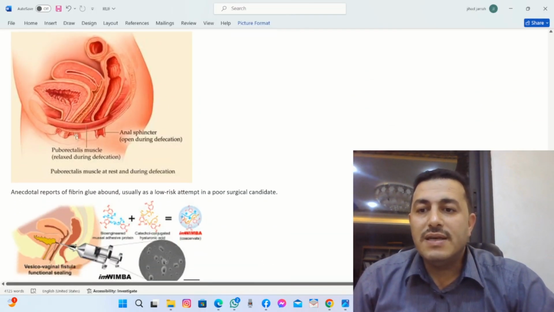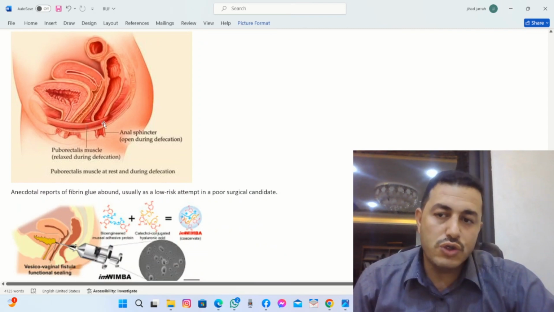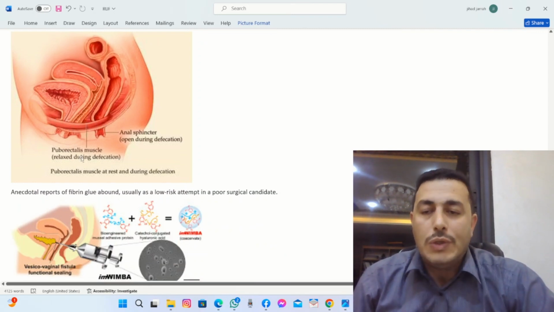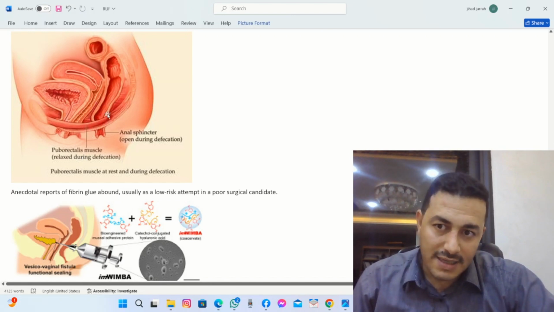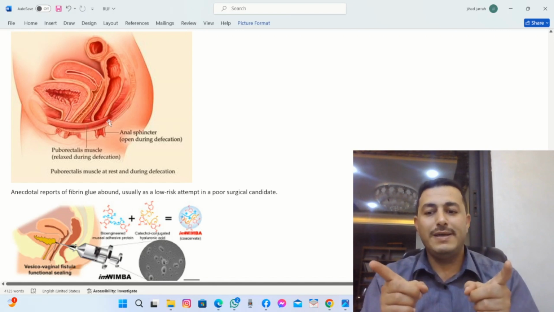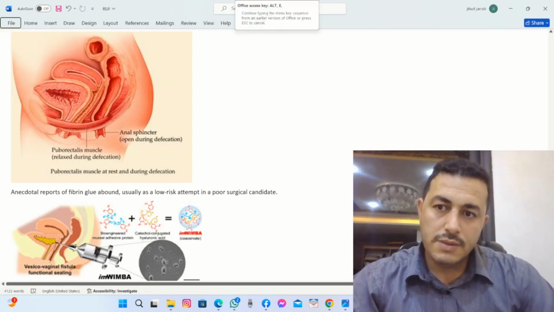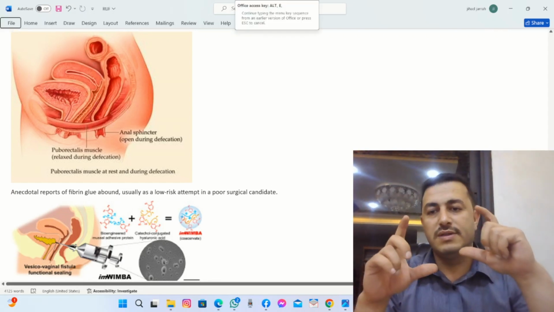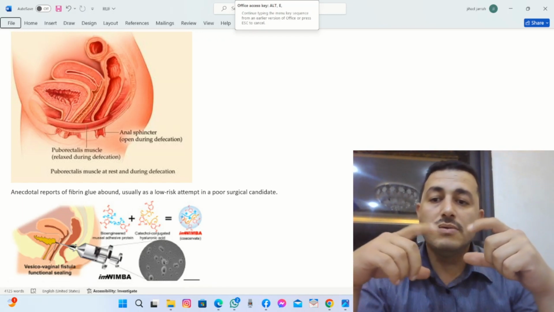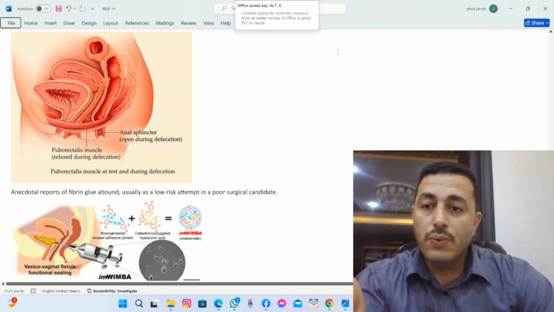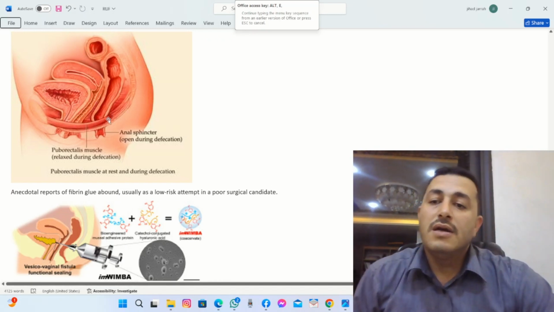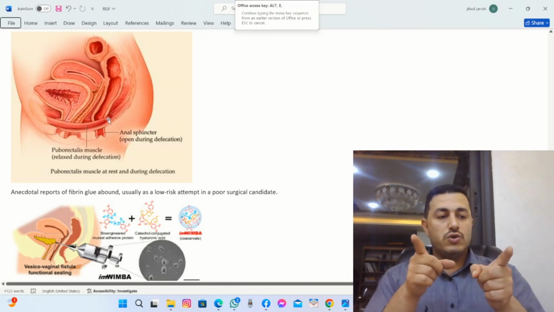As you see here, this is also just an anatomical picture, showing you the puborectalis muscle. What we do is we dissect it and cut it posteriorly, near the anorectal junction, and we have now two strips.